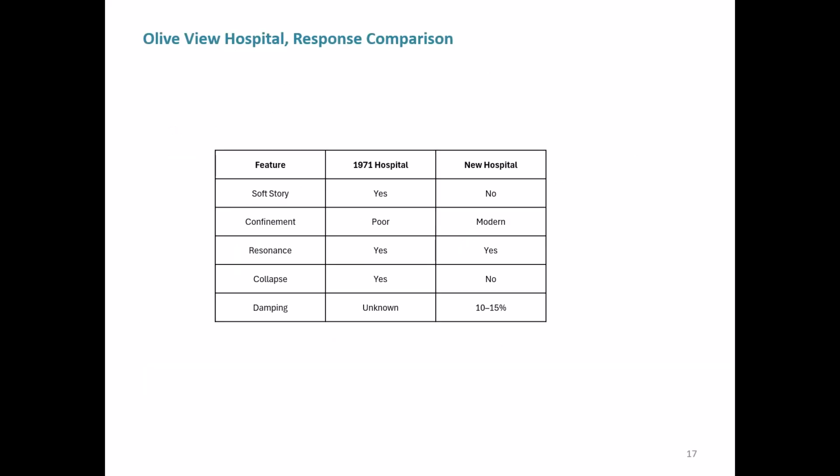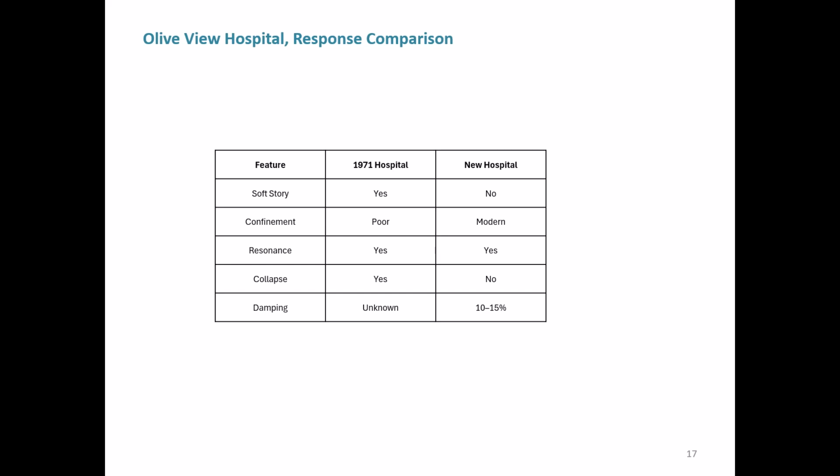A little bit of review here. Now this says 1971 hospital. It's actually the hospital was built in 1964, but it had to be torn down in 1971 after that big quake at San Fernando. And then we have the new hospital for comparison. The old hospital had a soft story, the new one did not.